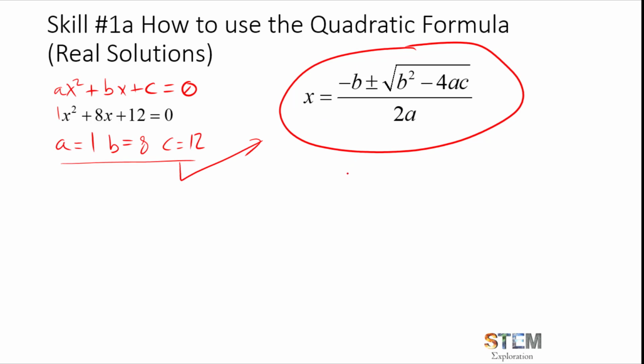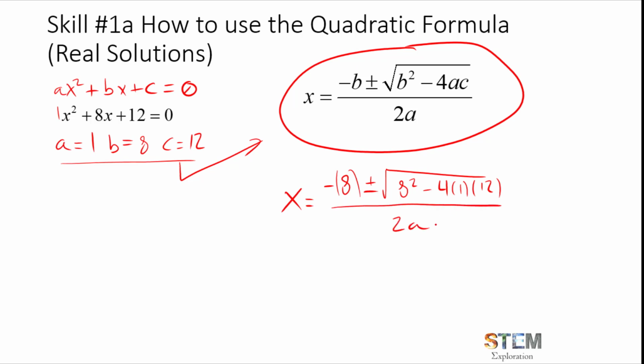If you want to find the solutions of a quadratic equation using the quadratic formula, x is going to be equal to negative 8, plugging 8 in for b, plus or minus the square root of 8 squared minus 4 times 1 for a and times 12 for c, all over 2 times 1, because that's our a term.